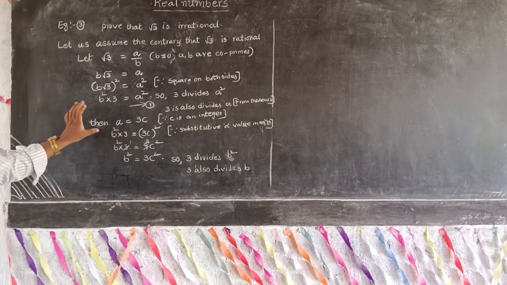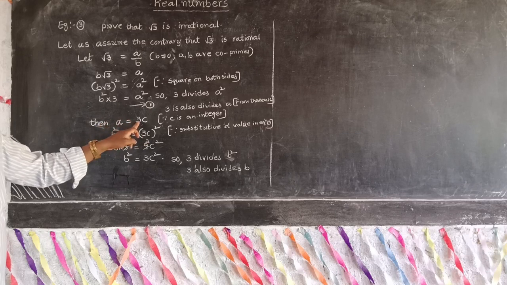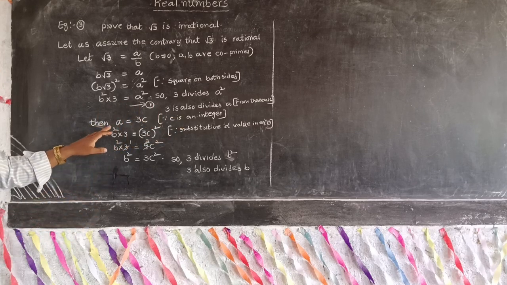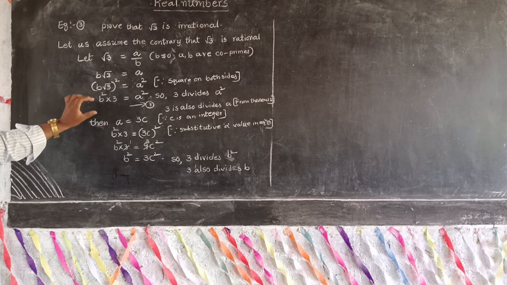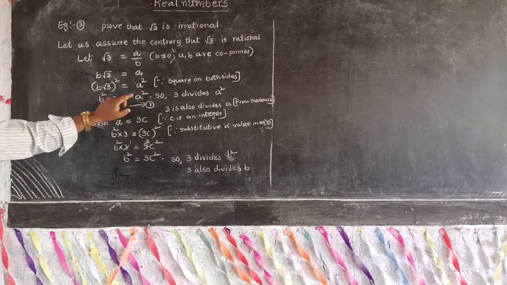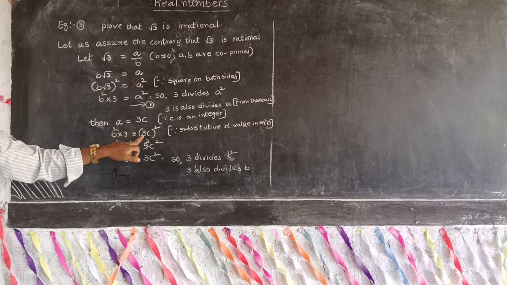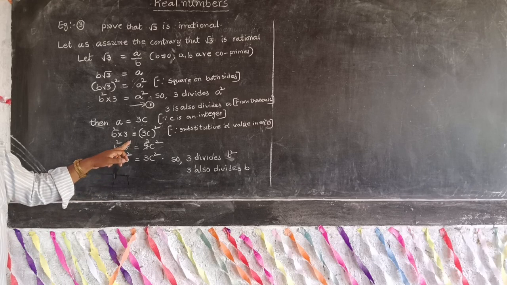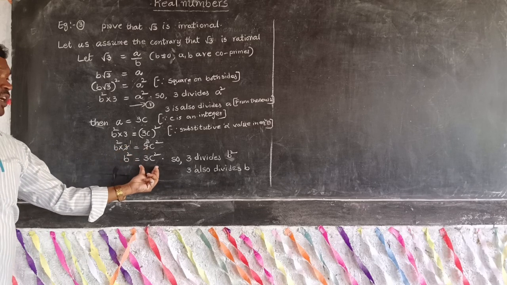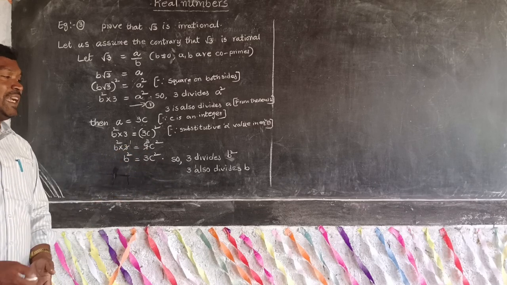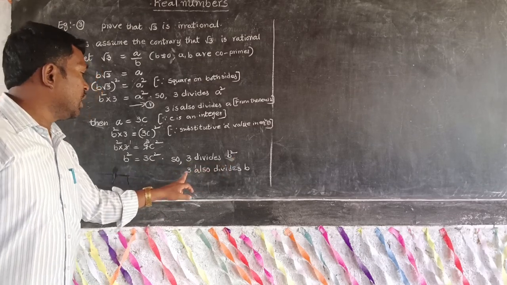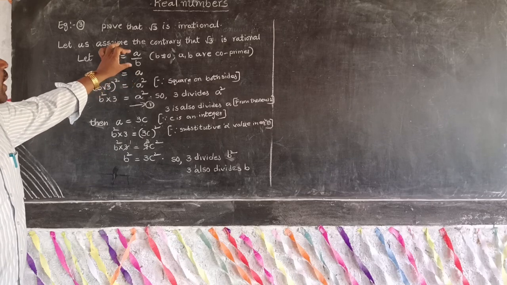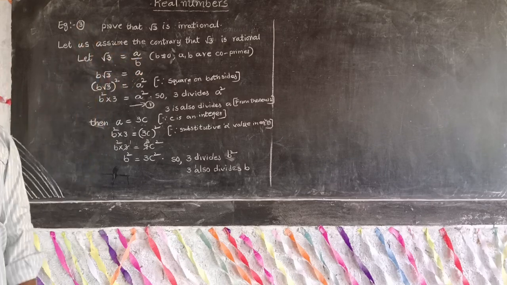So a equals 3c, where c is an integer. Substitute the a value in equation 1: b squared into 3 equals (3c) whole squared, which is 9c squared. Cancelling 3, b squared equals 3c squared. So 3 divides b squared, and 3 also divides b.